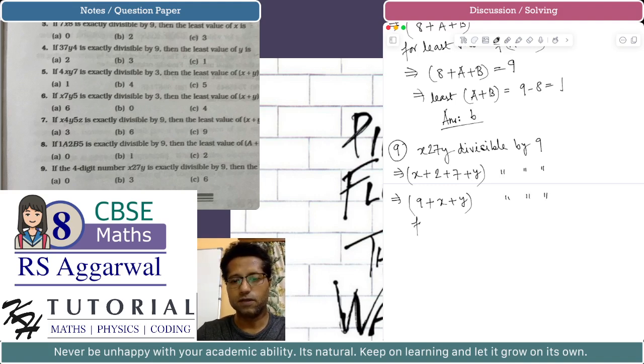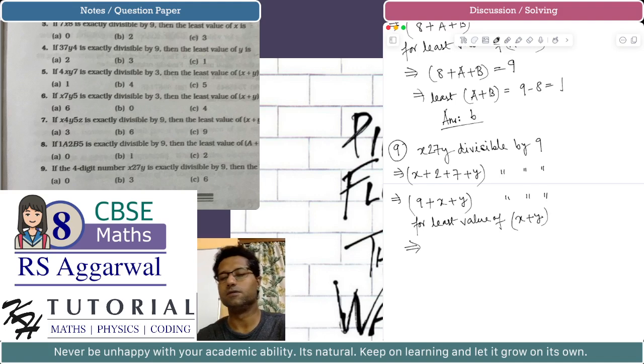Now for the least value of x plus y so that 9 plus x plus y is divisible by 9, since 9 is already divisible by 9, the least value of 9 plus x plus y will be 9, so that it is divisible by 9.